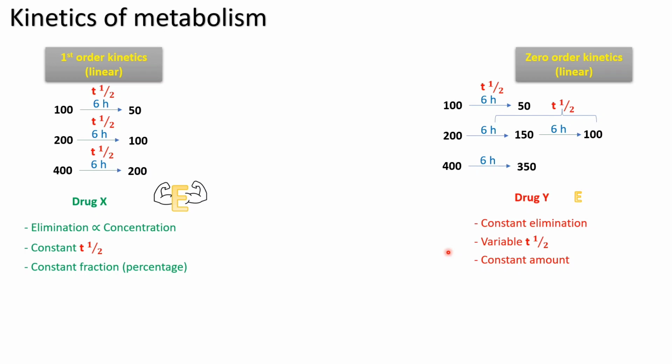But some drugs follow zero order kinetics, so we should take care when dealing with them. Examples of drugs following zero order kinetics are aspirin, phenytoin, and ethanol. Phenytoin is an anti-epileptic drug, a drug that is used in the treatment of epilepsy.